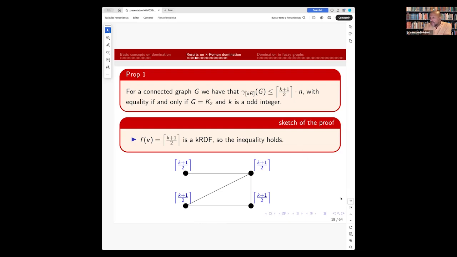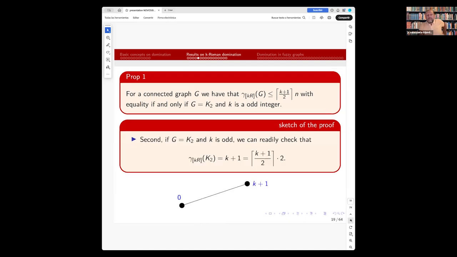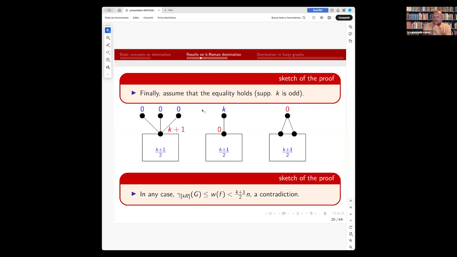To prove this fact, it is clear that if the graph is the graph K2, the equality holds. In this case, the parameter is k plus 1, which is equal to the value of the bound. But in general, if we assume that the equality holds, without loss of generality, we can assume that k is odd.